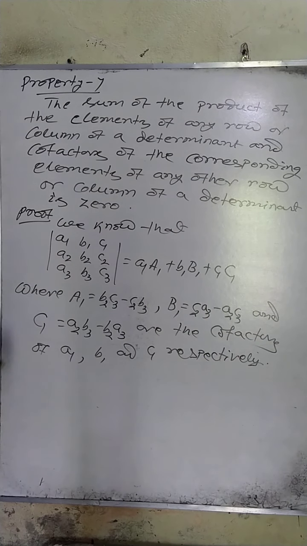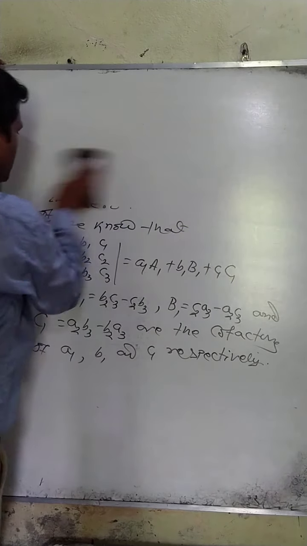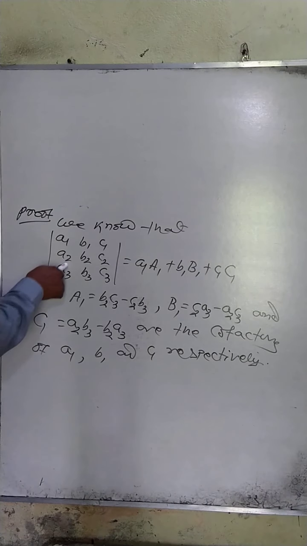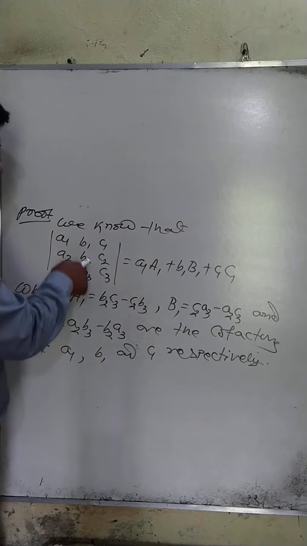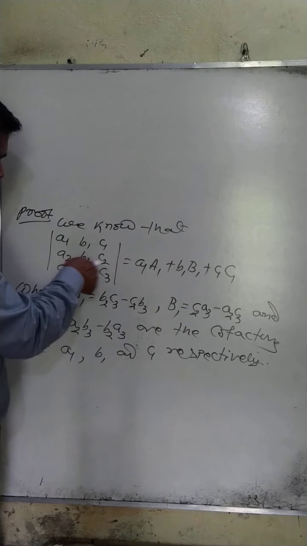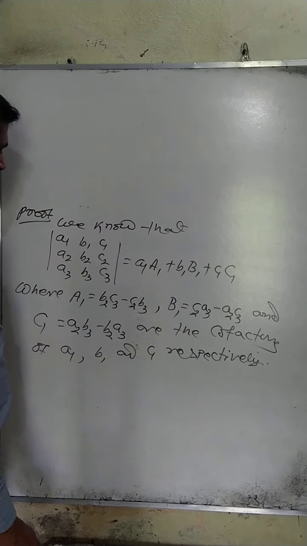Okay. Now we saw that the sum of the product of the elements of a second row with this cofactor is 0.